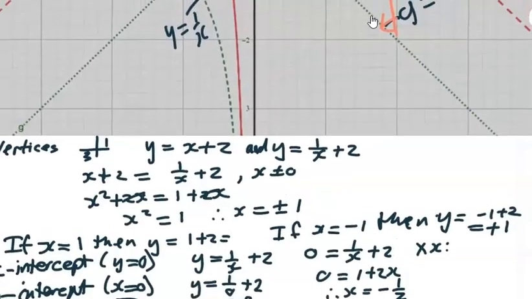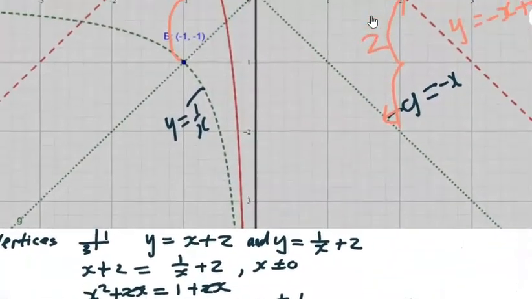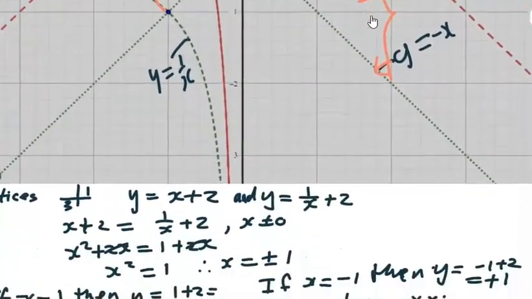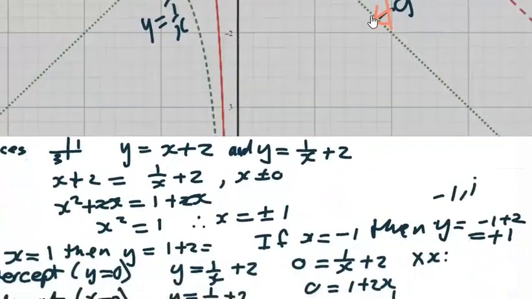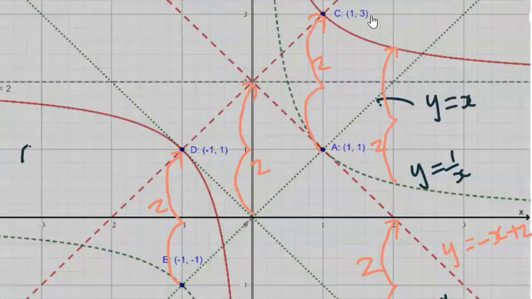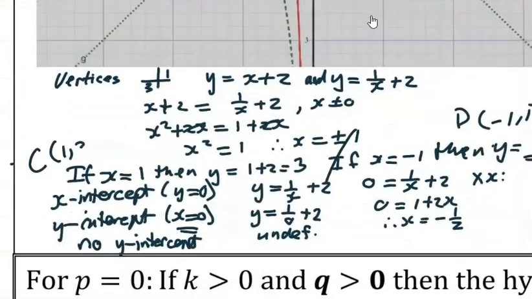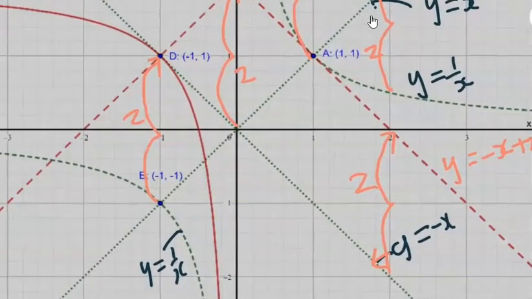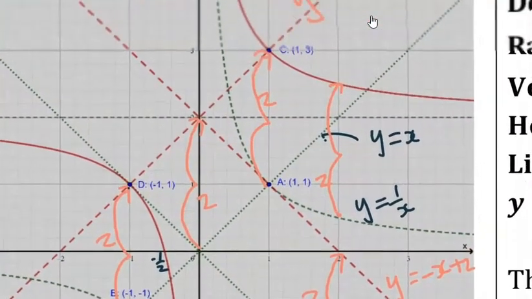So let us look at the graph. Remember that we have already said what the vertices were. So this is my minus 1, 1, and that was D, and the other one, C, which is 1, 3. So here we have the x-intercept is minus a half there, and this is our vertices D, minus 1, 1, and C, 1, 3.